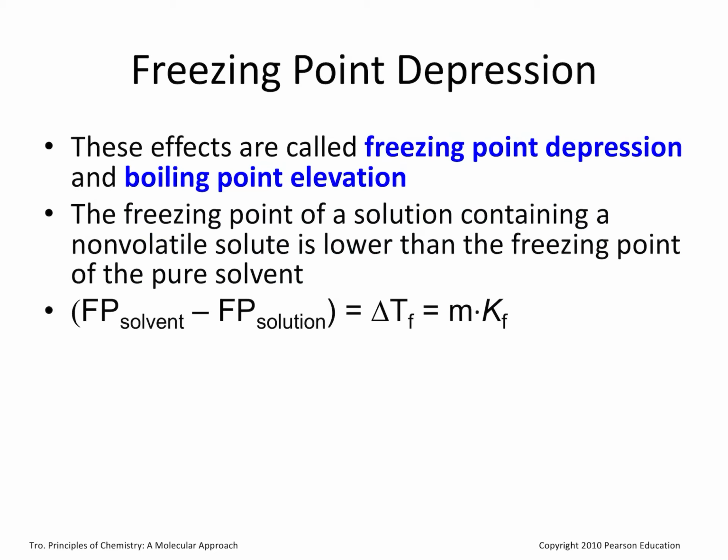The freezing point of a solution containing a non-volatile solute is lower than the freezing point of the pure solvent. Therefore, the change in freezing point will be the freezing point of the solvent minus the freezing point of the solution, to give us the freezing point depression, delta T_f. Make sure you have that F, because it means freezing point depression, not just change in temperature.